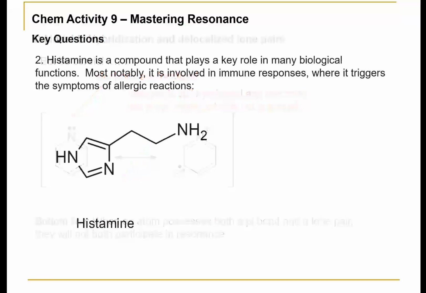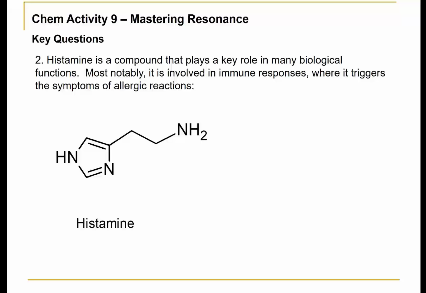Now a little bit of practice. In the key question number 2, we have the example of a histamine molecule. Now this is an interesting molecule in that it has 3 distinct nitrogens and they all have lone pairs of electrons. So your goal is to decide whether or not the electrons are localized or delocalized.